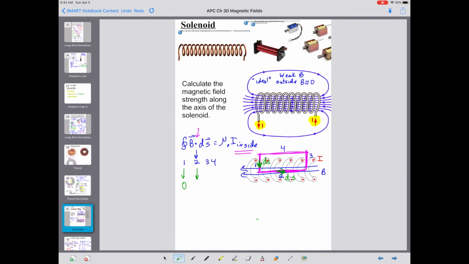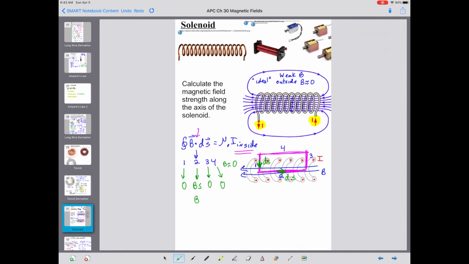That's a directional thing. So on side 2, I am going to get a value. That's going to be B times the length of the side, s. Side 3, similar to side 1, you're at a 90-degree angle, that's 0. Side 4, you're outside the solenoid, and outside the solenoid, the field is approximately 0, which means B dot ds, you've got nothing to dot into ds, so that's going to be a 0 also.